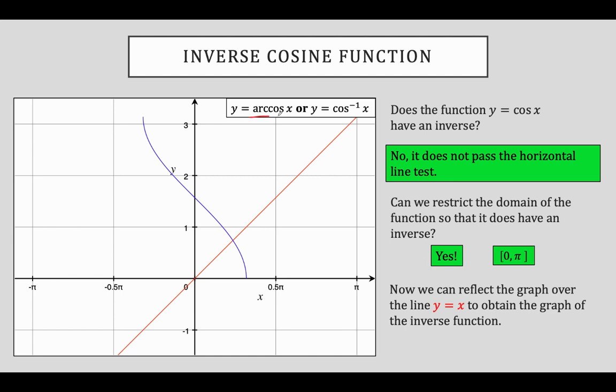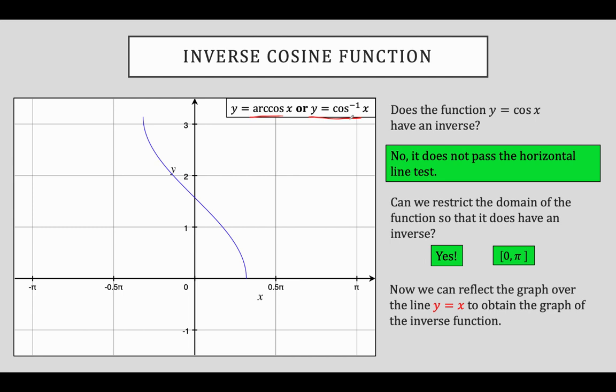Here we have y equals arc cosine of x, y equals inverse cosine of x. Again, two different notations that mean the exact same thing. This -1 is not an exponent. That means inverse cosine, the inverse operation of cosine.